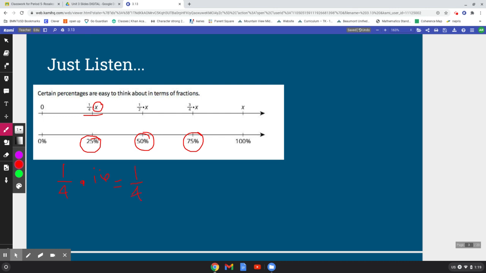So 1/4, and I'm going to write times 16. Remember, I taught you to put a 1 underneath, right? So you multiply straight across. So 1 times 16 is 16, and 4 times 1 is 4. So technically speaking, 1/4 times 16 is the same as just dividing 16 by 4. Okay, and your answer would at that point be 4.